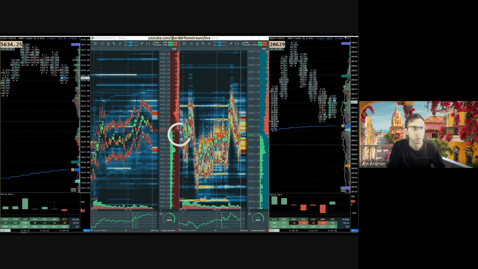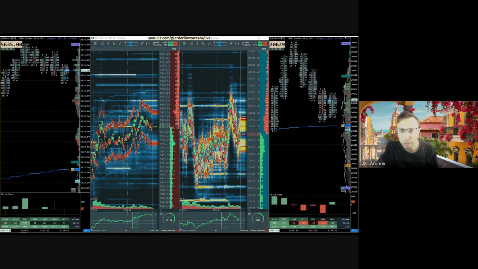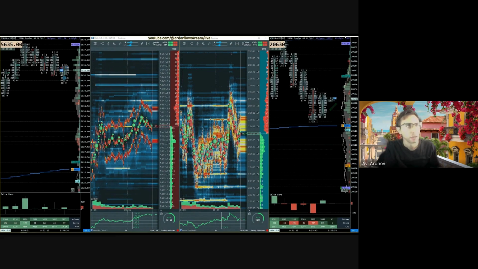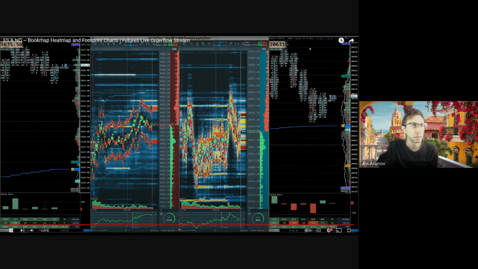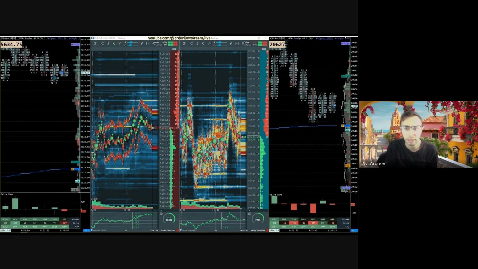How you read this: the Bookmap is basically like this, not like that, like this. So on the green side, for the buy, you will be looking at this side. For the sell, you're looking at that side.